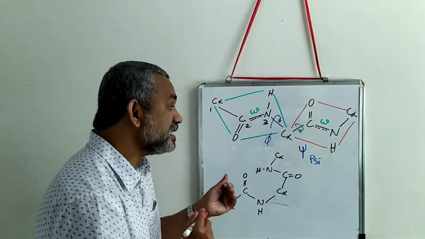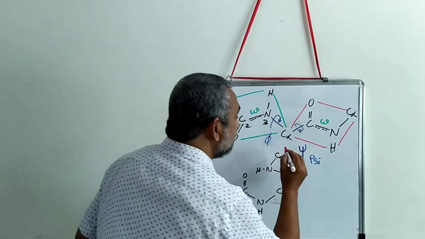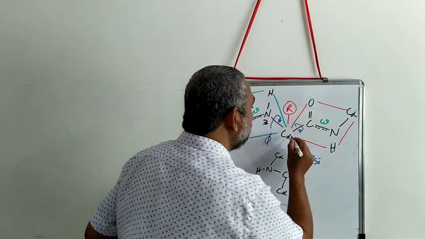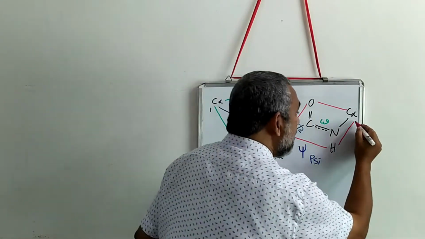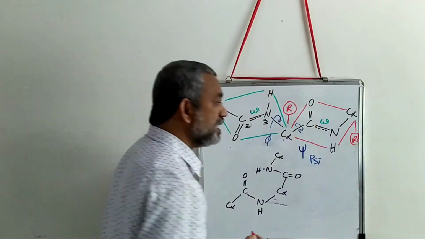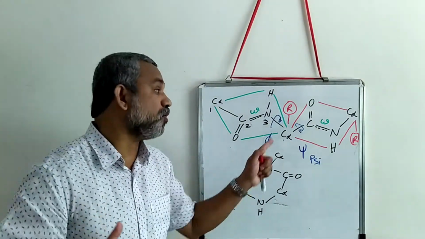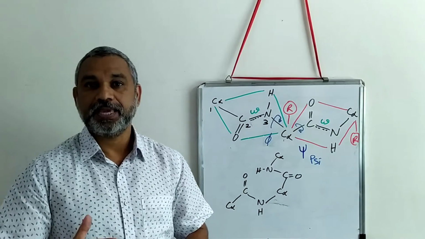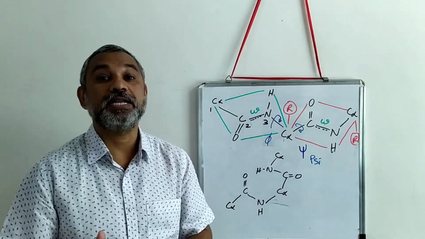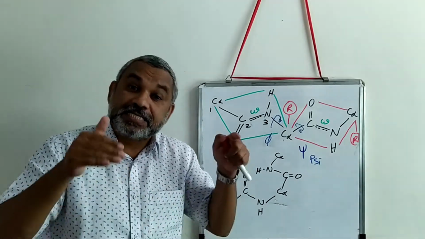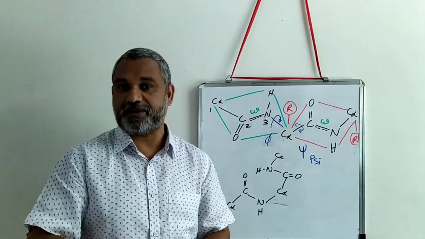Trans conformation means if this is the R group, then in the next C alpha, the R group will be here. That means both the R groups will be on either side of the peptide bond. In that case, we call it a trans double bond. In protein, it exists in the trans conformation.